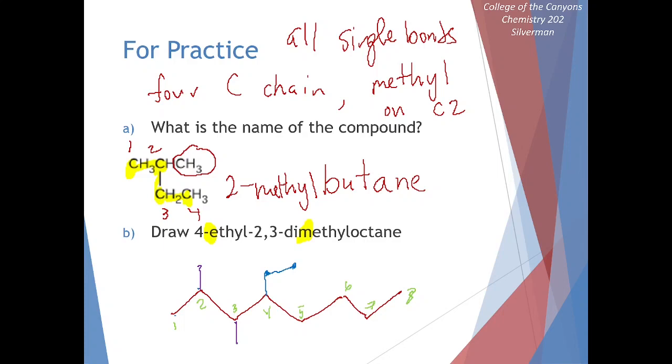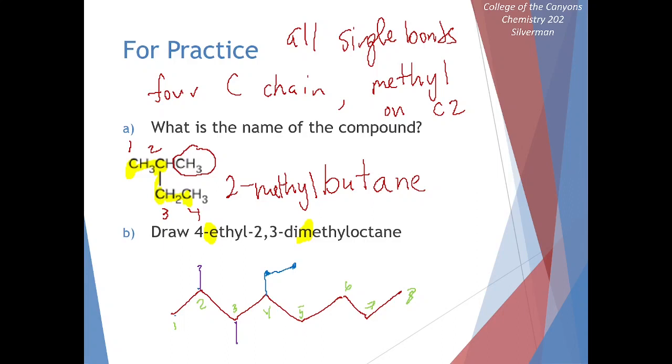The prefix di, we don't count for alphabetizing these groups, although we do include it to show that there are 2 of them. We write our ethyls before our methyls. These groups go in alphabetical order. All right, there we go.